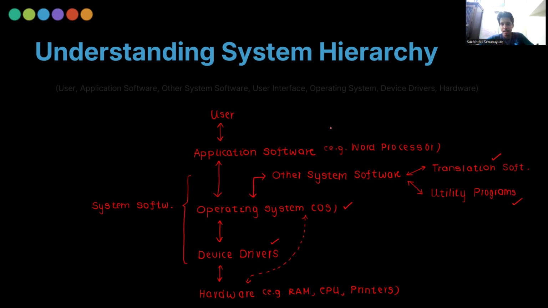Application software is, for example, the word processor. Operating system could be, for example, Microsoft Windows, Windows 11, let's say. And then device drivers could be, for example, a printer driver. Without the printer driver, you can't print anything on the printer.